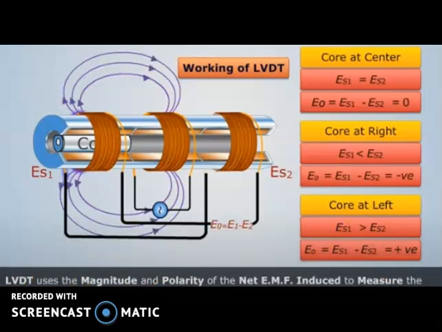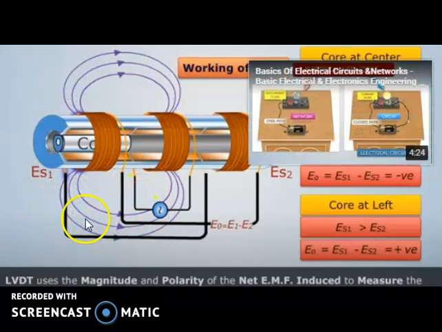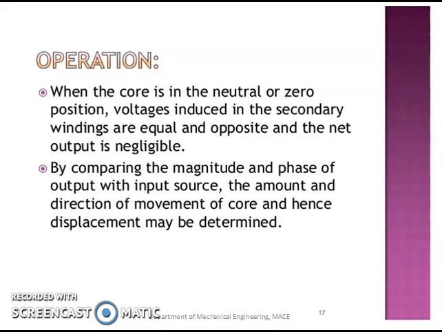So by comparing the magnitude and phase of the output with the input source, the amount and direction of movement of the core and the displacement may be determined by the LVDT.